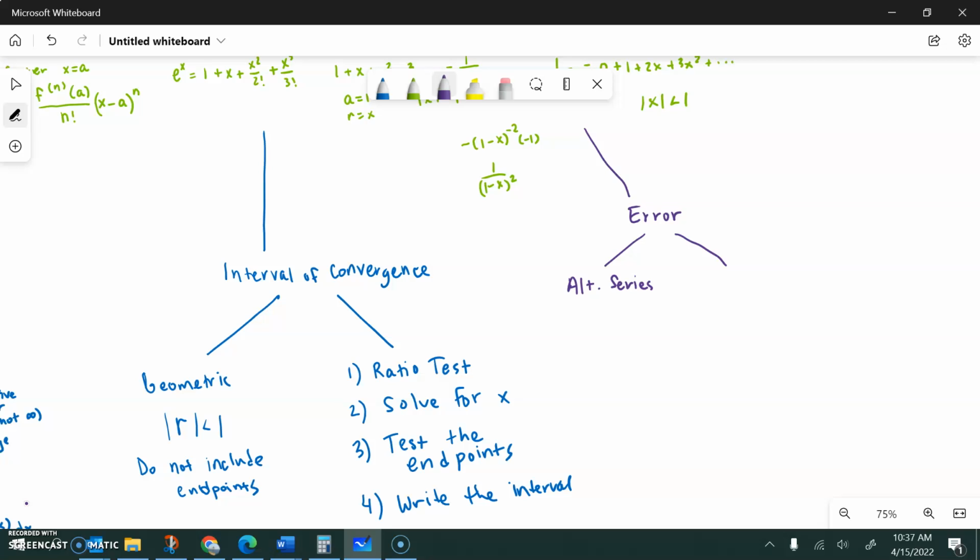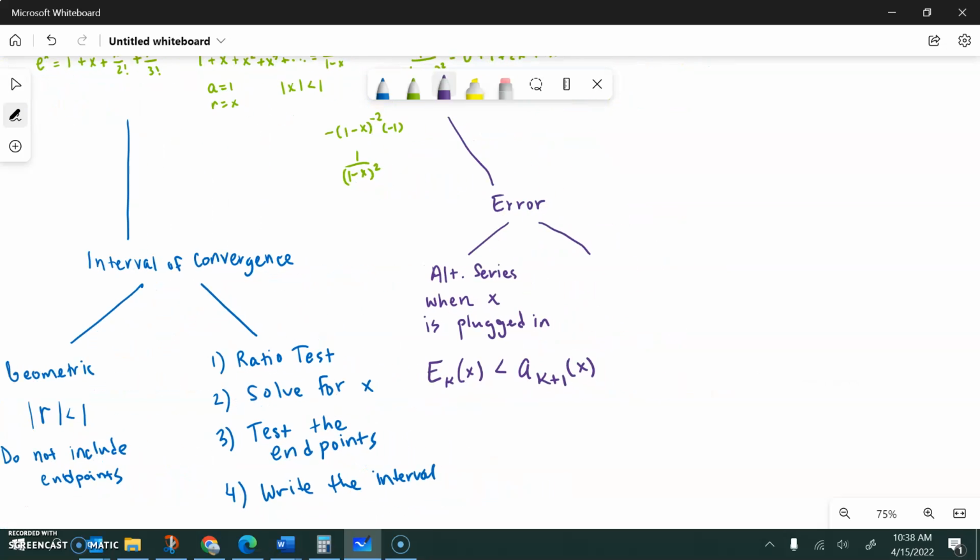If we have an alternating series, then we can use the alternating series error. So the error for using k terms at x is going to be less than our next term. And that's a really easy error, so I really hope that you have alternating series error on your AP test.